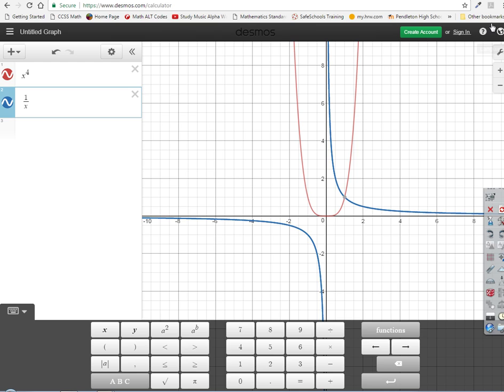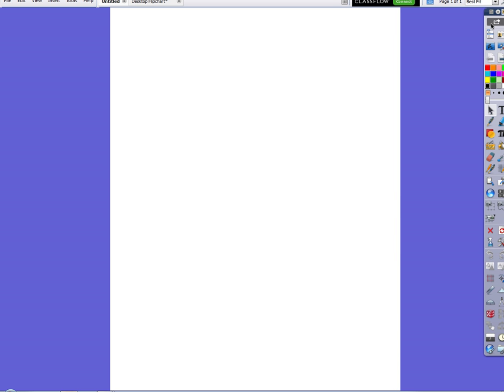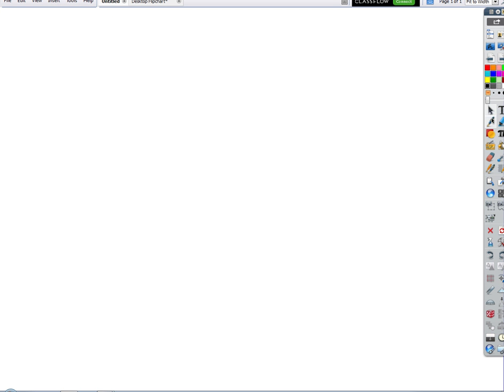So why is that? Let's look at this in a little more advanced way. Let's compare these two functions. The red one was y equals x to the 4th, and the blue one was y equals 1 over x. You told me that the domain of this one was all reals.